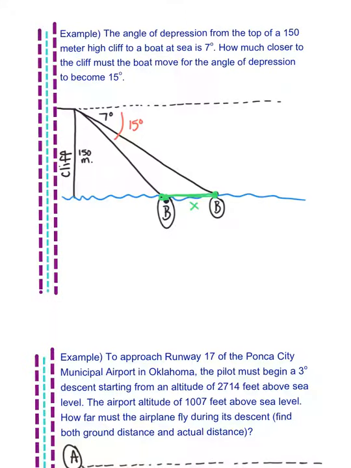It says, the angle of depression from the top of a 150-meter high cliff to a boat at sea is 7 degrees. So first, let's take a look at this picture.